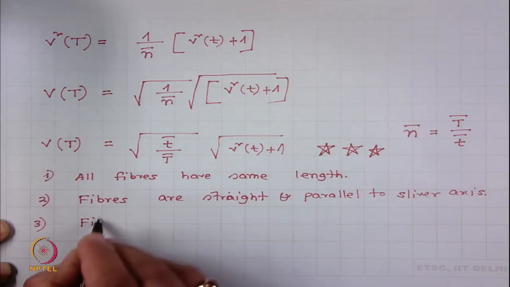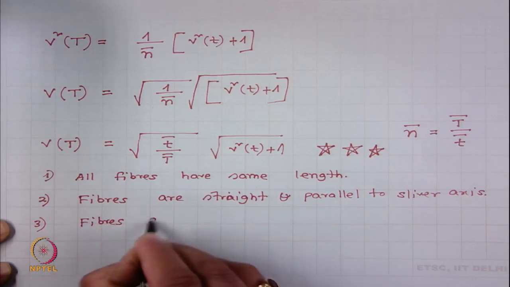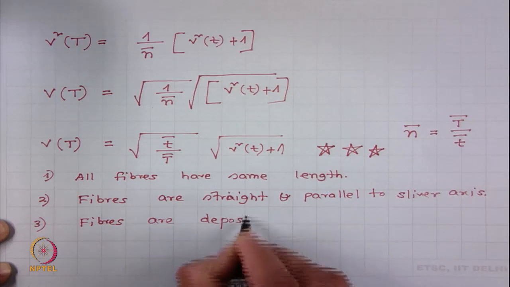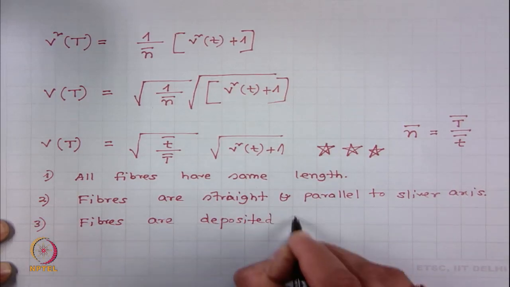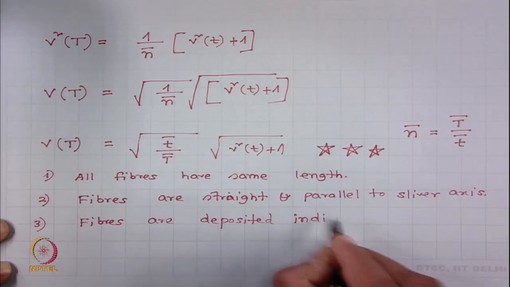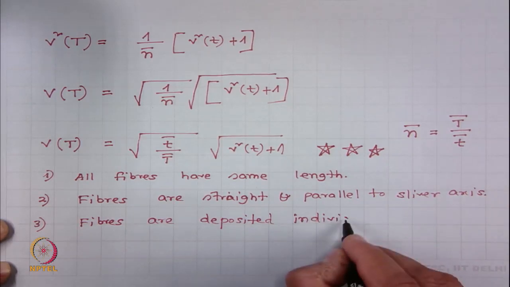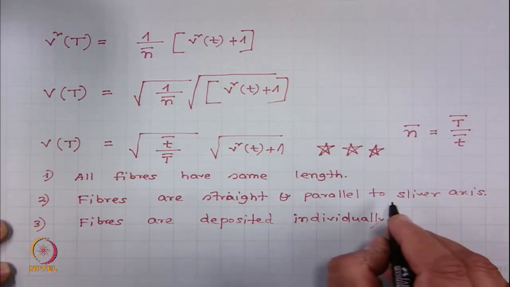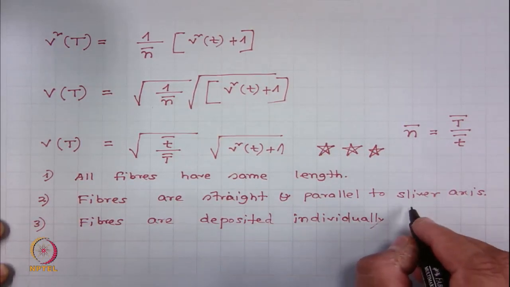Third, fibers are deposited individually and of course randomly, then only the statistical distribution comes into picture.